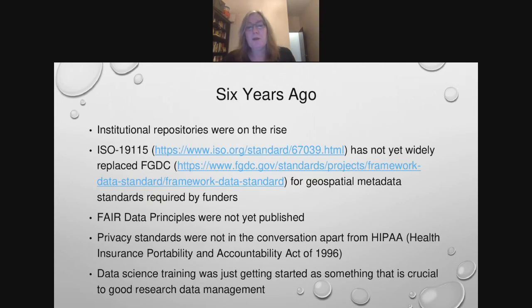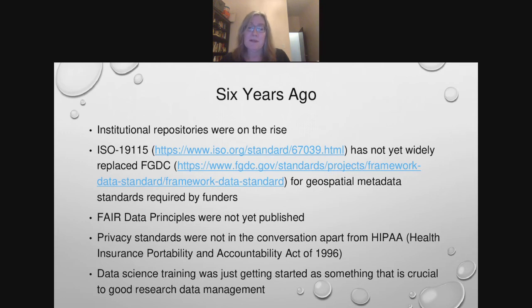When I started in 2014, the landscape was different. Institutional repositories were really what people were concentrating on. There were some disciplinary repositories, but not nearly as many as there are now. And there wasn't a lot of consortial effort. There were very much per-institution repositories.